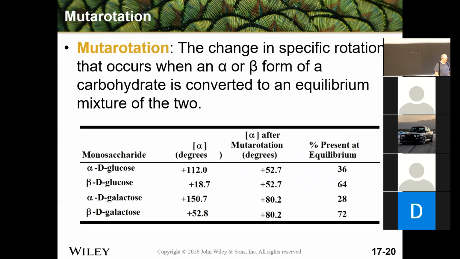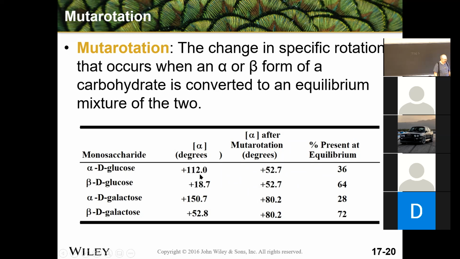Right, so what is mutarotation? Okay, so alpha-D-glucose has a certain measured optical rotation, and beta-D-glucose also has a certain optical rotation.